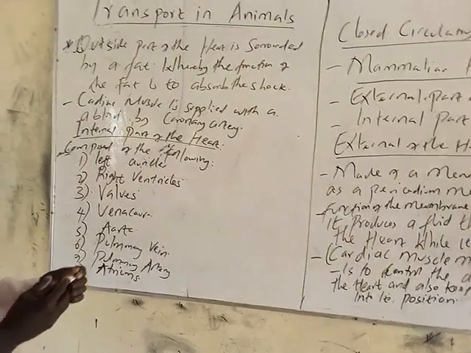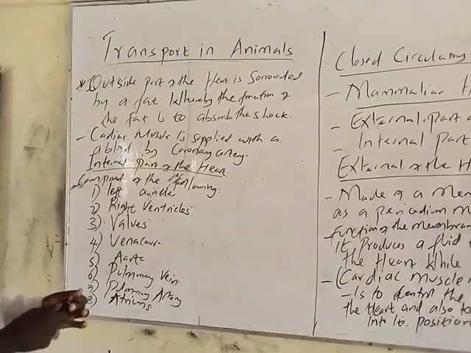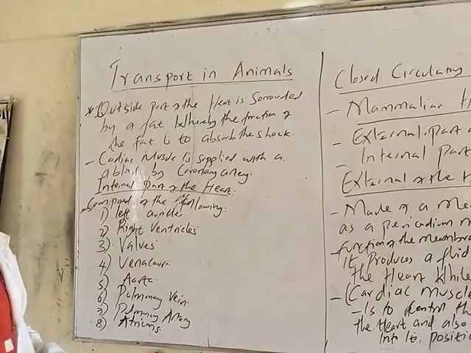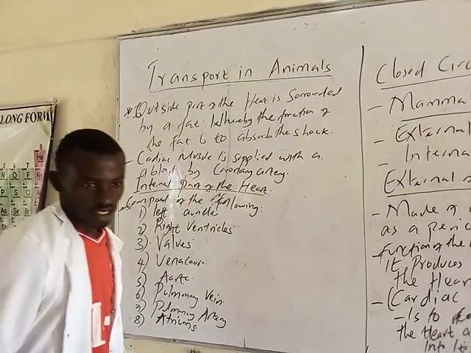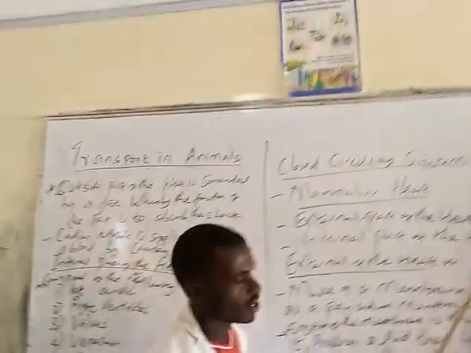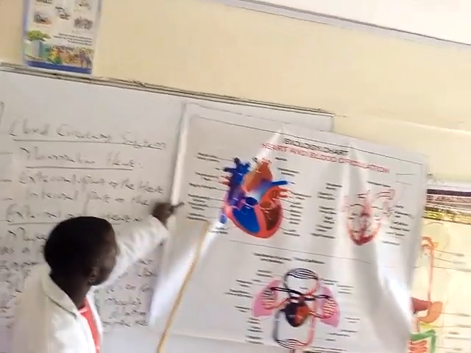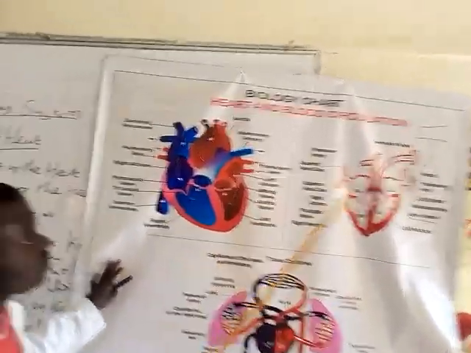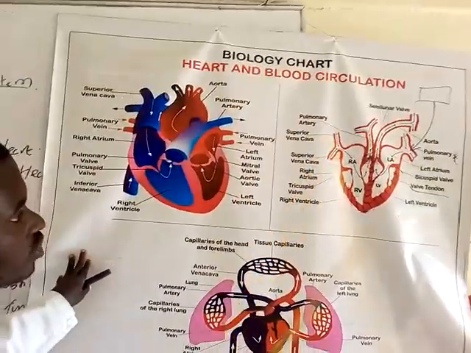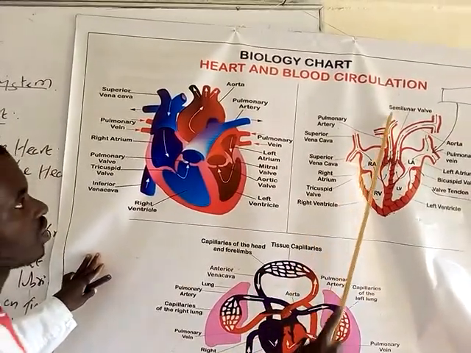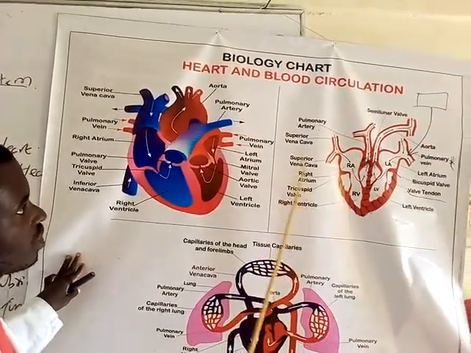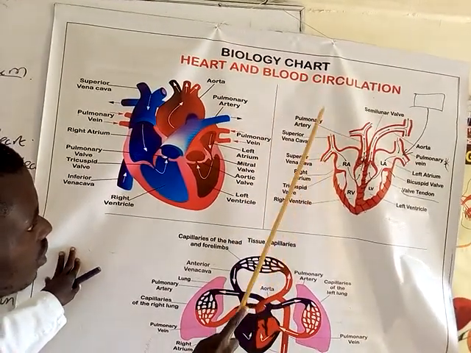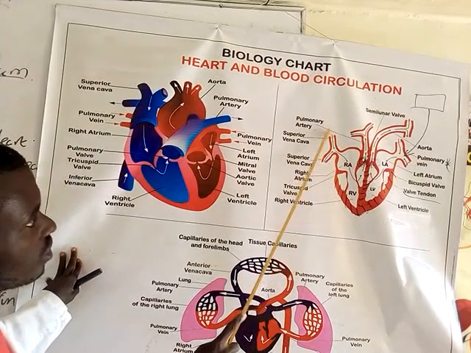Now we should be able to know how the blood circulates into the heart and out of the heart. This is the structure of the heart, whereby blood flows from all the parts of the body except the lungs. Blood flows into the heart through the vena cava.